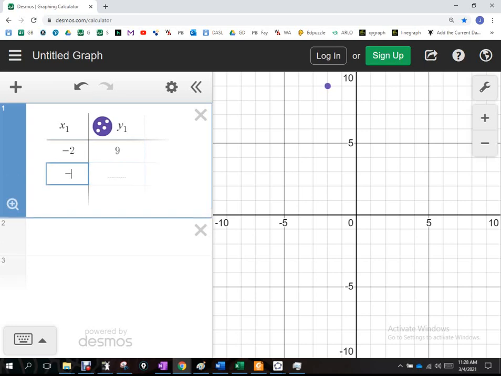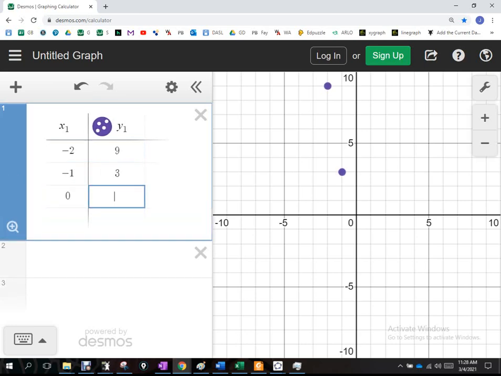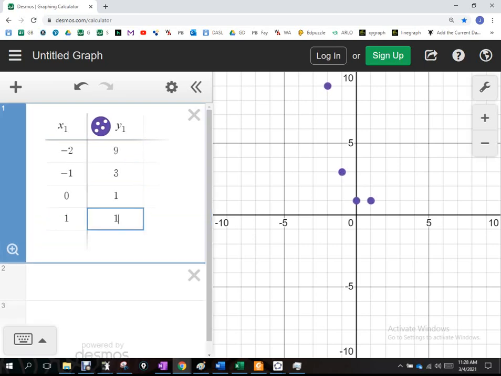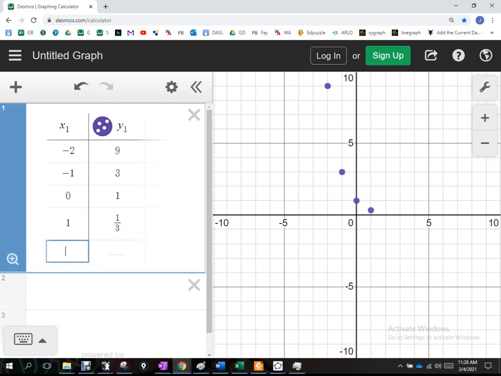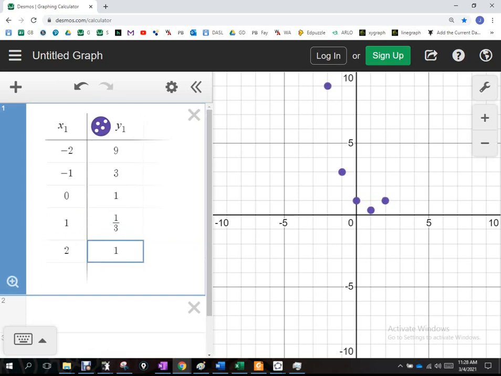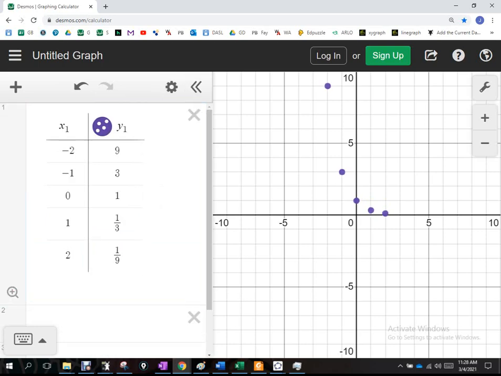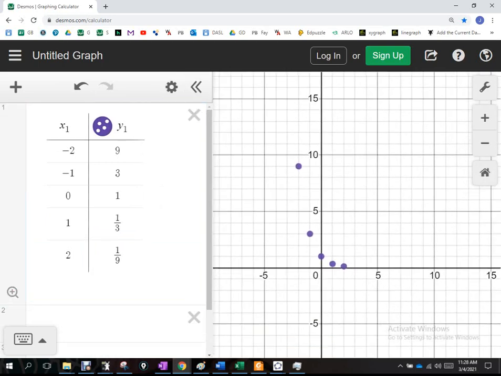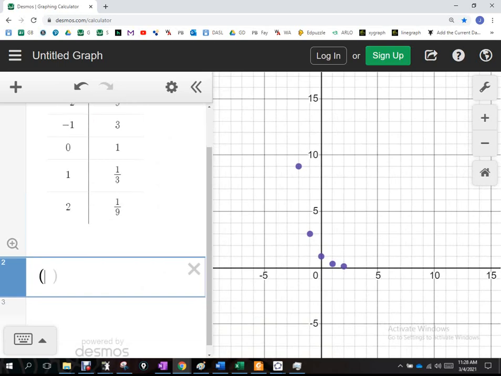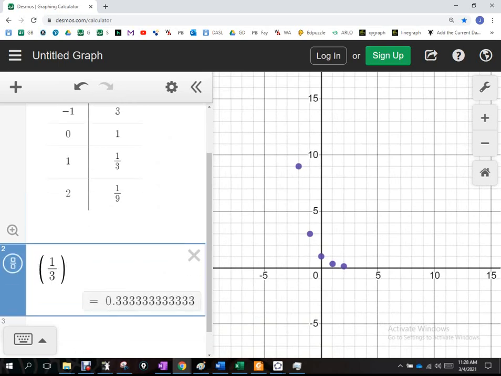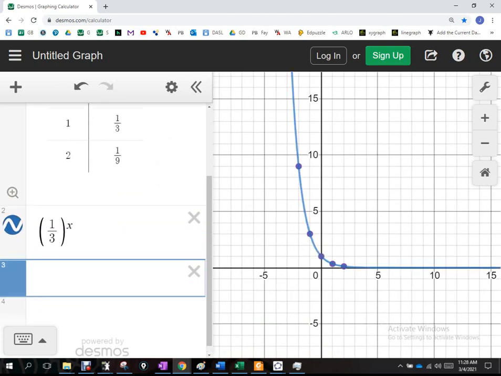We had negative 1, 3. We had 0, 1. We had 1, 1/3. And we had 2, 1/9, right? If I graph that, okay, so if we connect this with a smooth curve, we get that thing there. Is that okay with everybody?